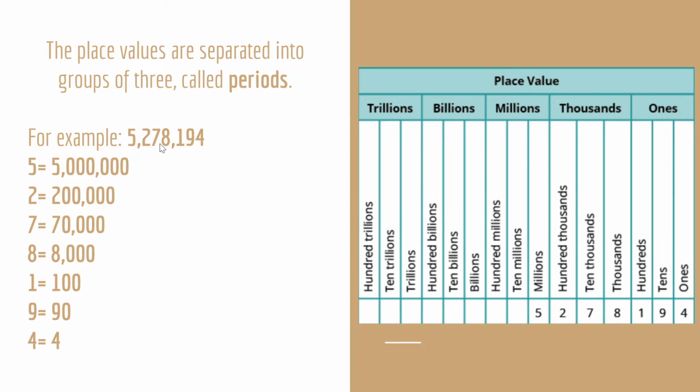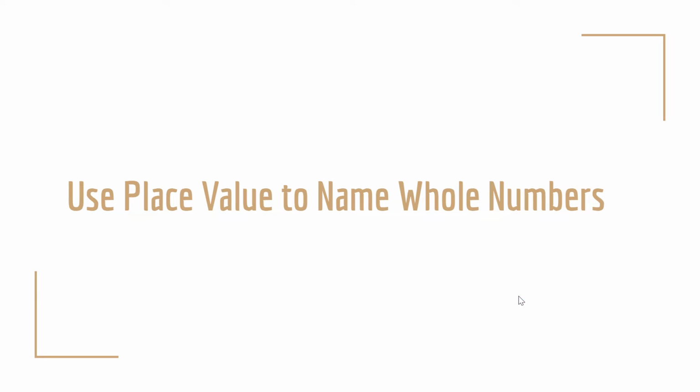For this example, it's 5 million plus 200,000, 70,000, 8,000, 100, 90, and 4.